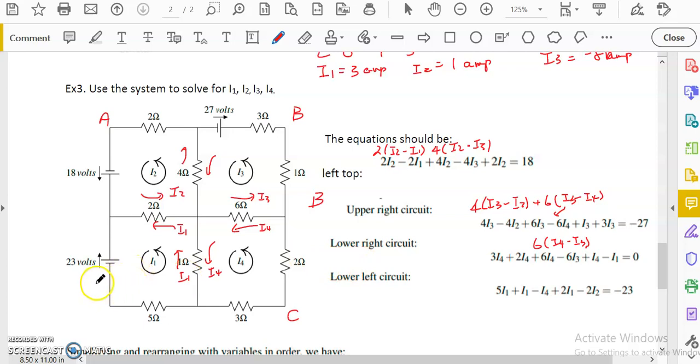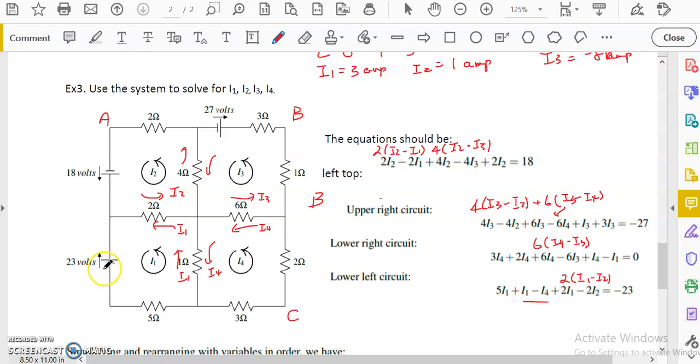The lower left equation starts from 5, so it's just 5 I1. Then it goes up here, 1 times (I1 minus I4). Then counterclockwise, 2 times (I1 minus I2), because the neighbor at the top is I2.